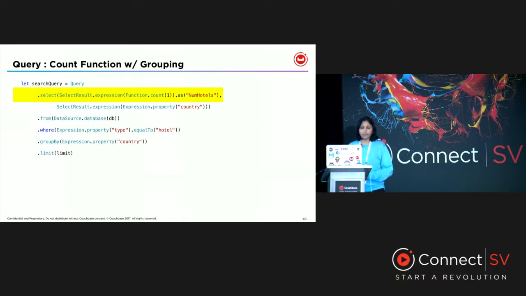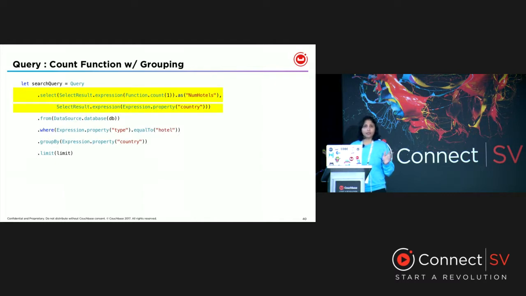Okay, that's cool. But you probably want to do something a little more powerful. Now, let's just assume, for the sake of this example, that associated with these hotel documents, there's also a country property. So you want to group all the hotels by country, and you want to know the number of hotels grouped by country.